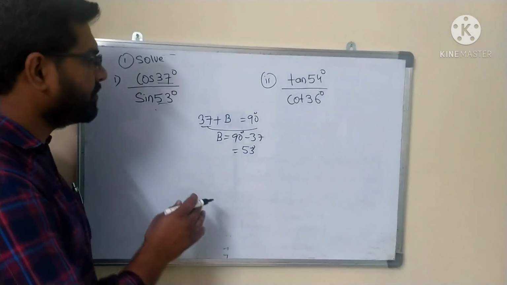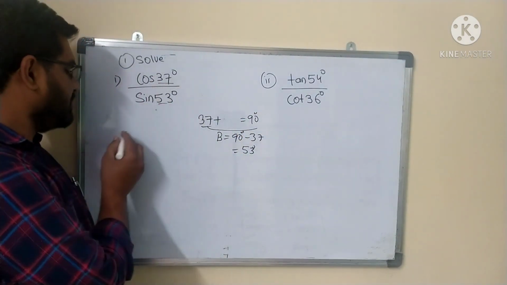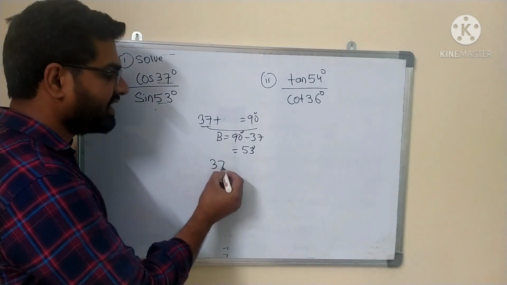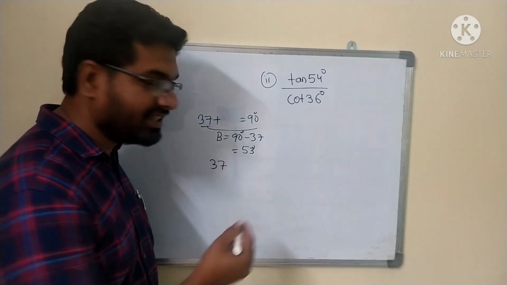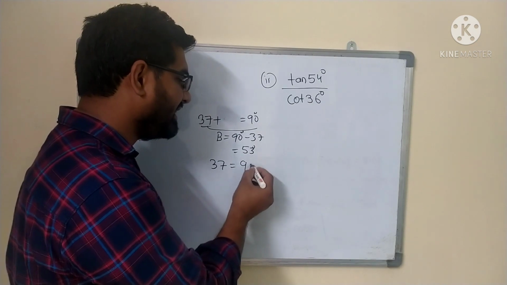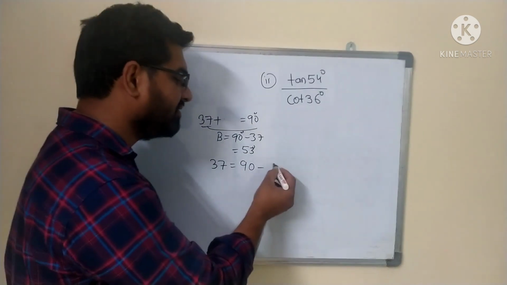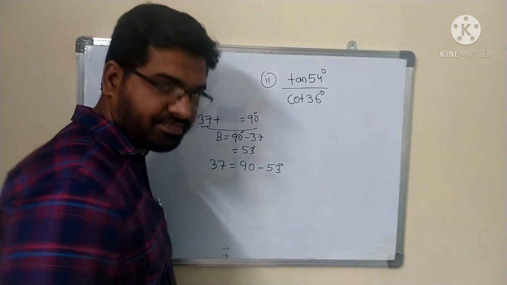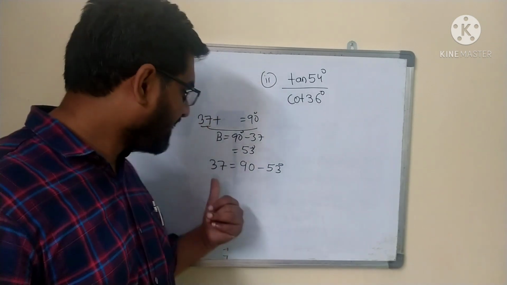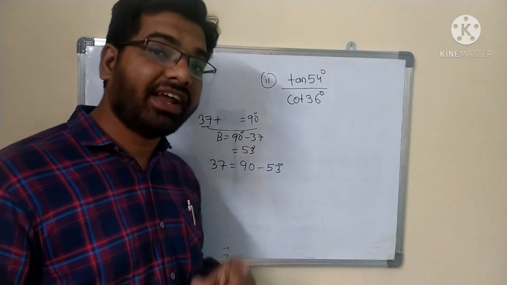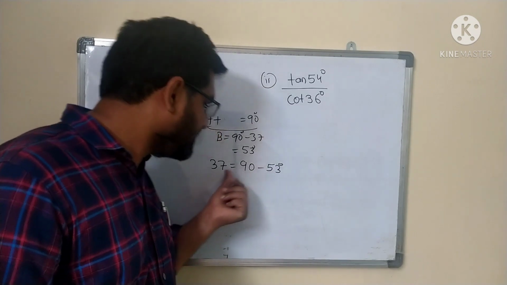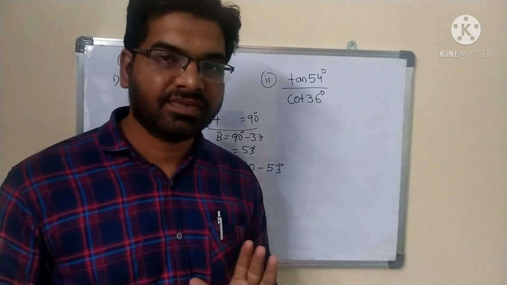So similarly, this 37 I can write as 90 minus 53. Why? If I subtract 90 minus 53, I will get 37 only. Right.